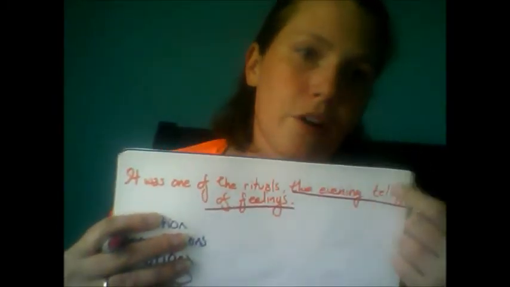So I'm going to look here, thinking about Lowry believes that people have a right to privacy, especially their thoughts and feelings. I could talk about just the evening telling of feelings as the part that I'm going to quote. So I just underlined the part that I'm planning on quoting. So here we go. Lowry believes that people have a right to privacy, especially their thoughts and feelings.